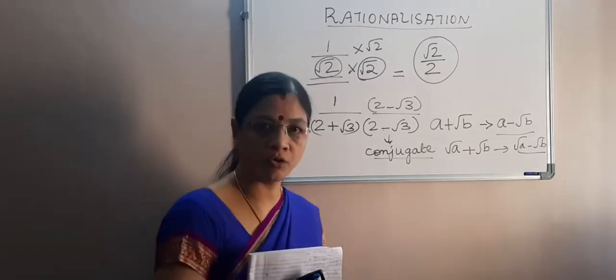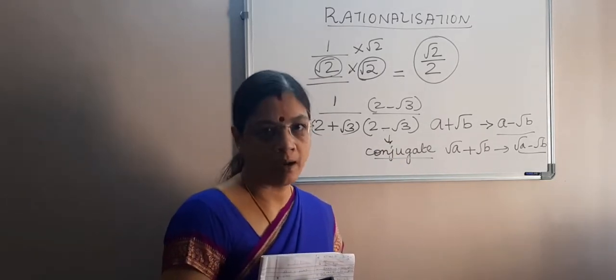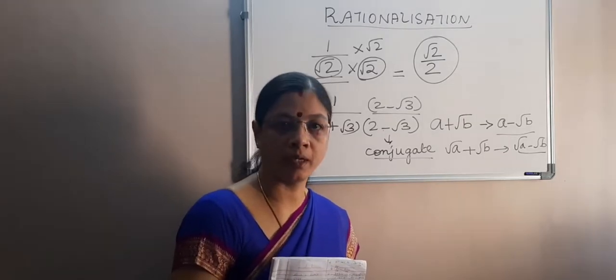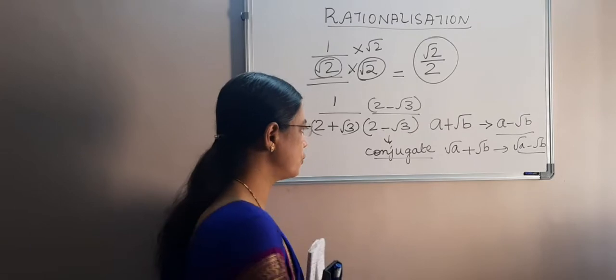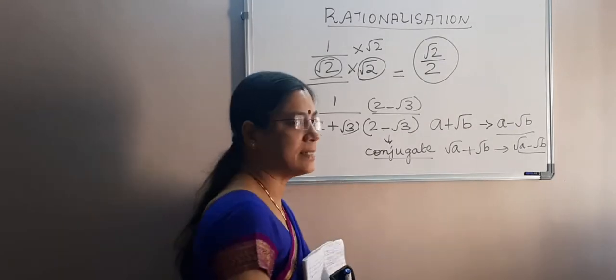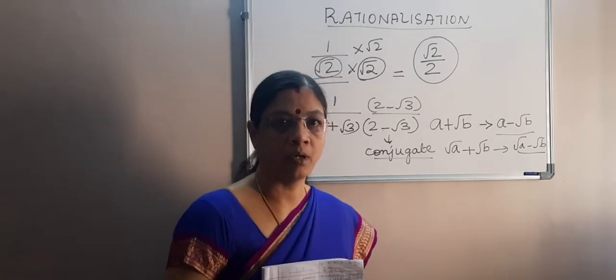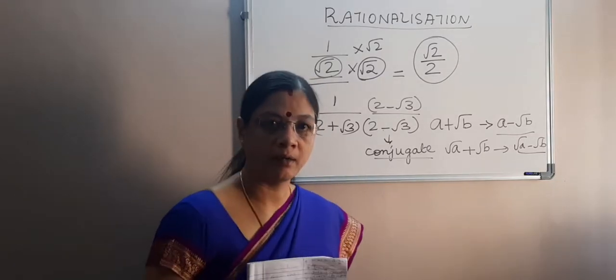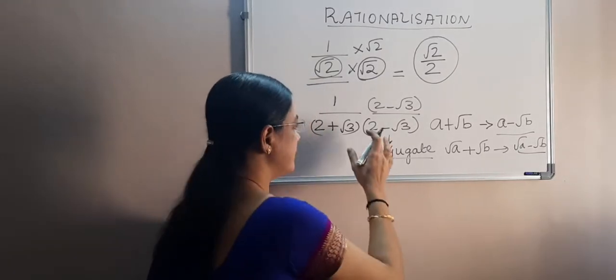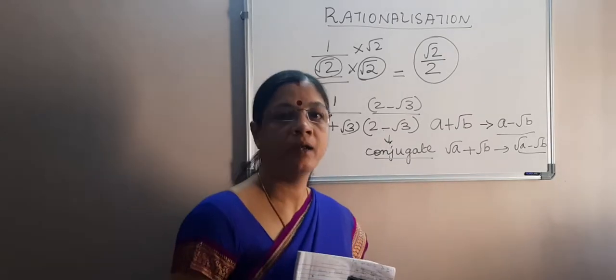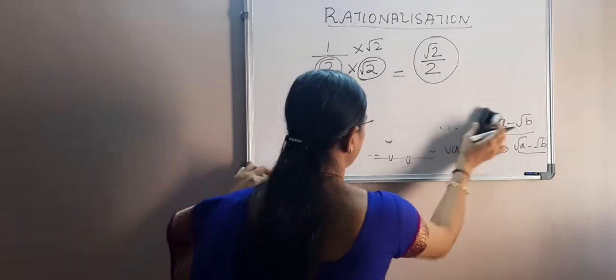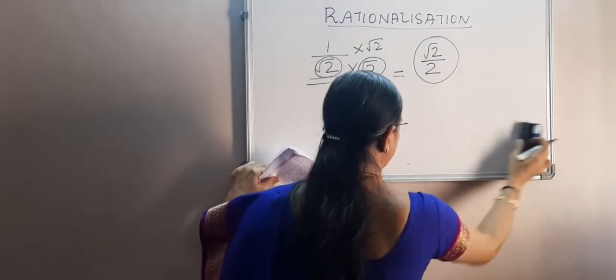The numerator and the denominator are multiplied by the conjugate of the denominator, just to cancel the effect of the irrational number and make it a rational number, and this is called rationalization. We will now see some problems so that you will be able to understand more clearly with the examples.